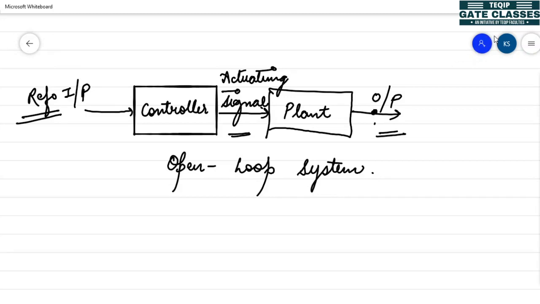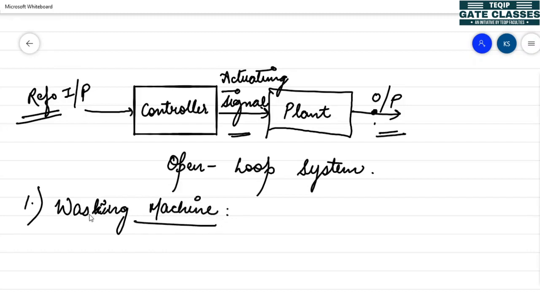Now let us discuss some of the examples of the open loop system. First, I will take the example of a washing machine. In washing machine, what we do is we take the cloth and put it in the washer and set the timer.